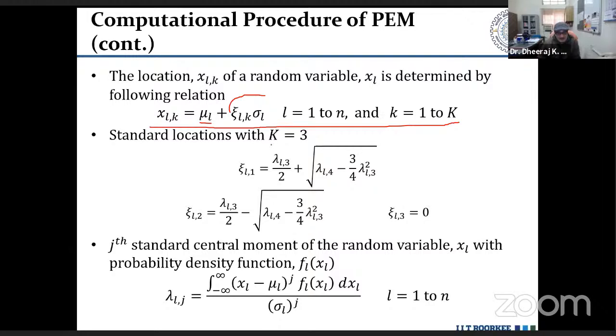So suppose we have capital K equal to 3. So we can compute the standard locations using these three relations. And here lambda L comma J is jth standard central moment of random variable xl, which is given by this relation.